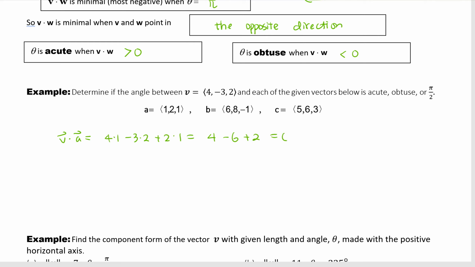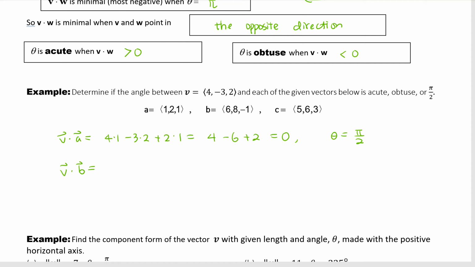Oh, it equals 0. So what's the angle between them? They are orthogonal, so the angle is pi over 2. Alright, so please pause the video and try to do the rest. And then after you're done, we can continue to check our answer, okay?